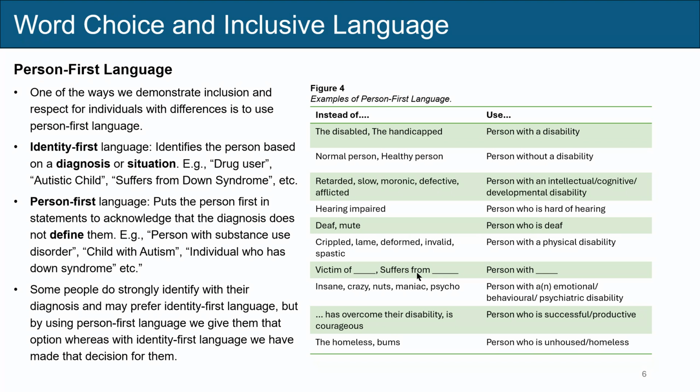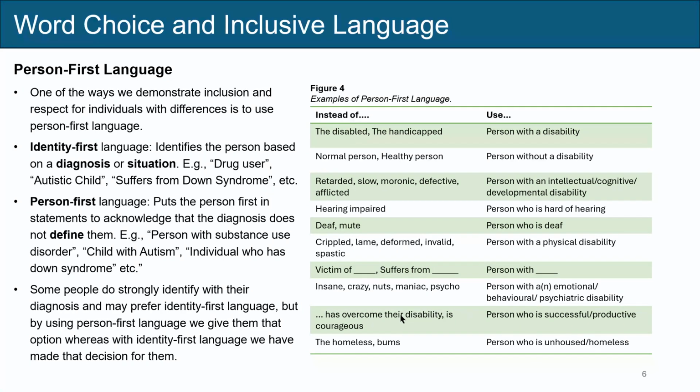The problem with that is that the person who has autism has had it their whole life. In their mind, they're not suffering. This is their normal. So, by using words like "suffers from" or "victim of," we are actually treating those people as being less than human or less than what we think that humans should be.